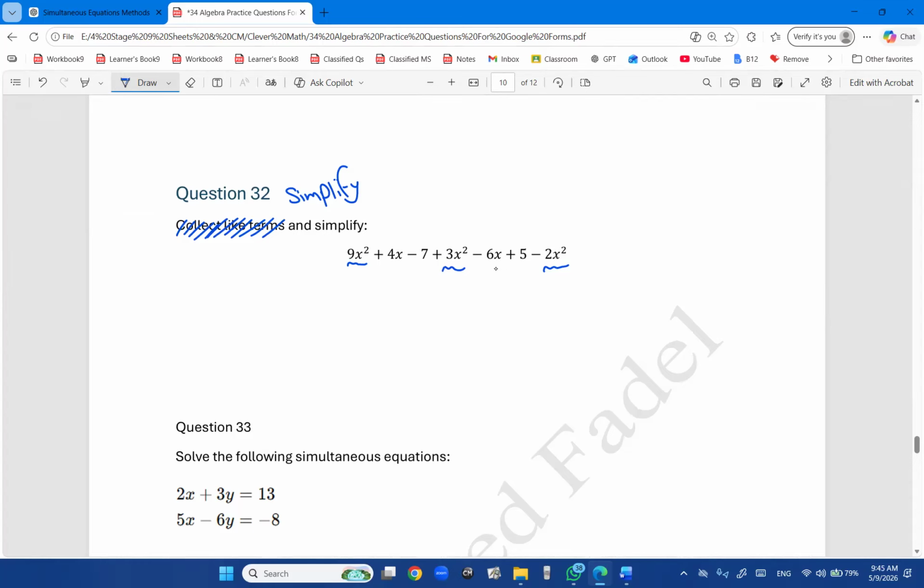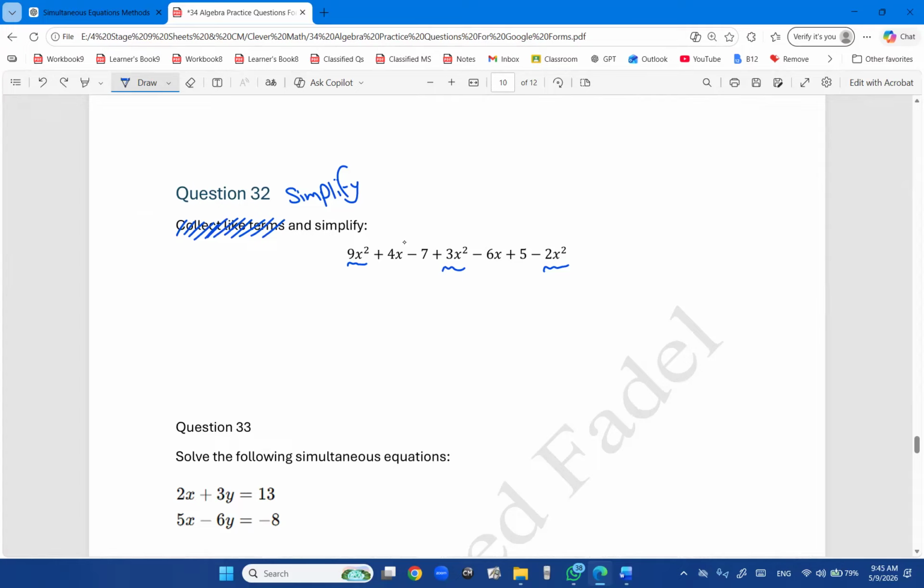Even though this is very simple and easy, some of you actually think, oh, I'm going to send the 9x squared negative 9x squared. Why would you do that? They are on the same side. It's not an equation where you send something to the other side so you change the sign. No, they're just all on the same side. Nothing changes.